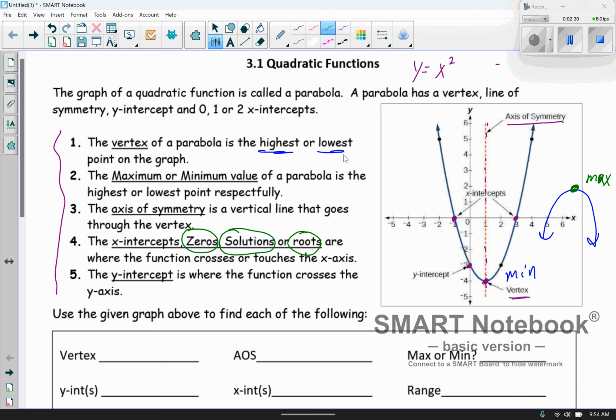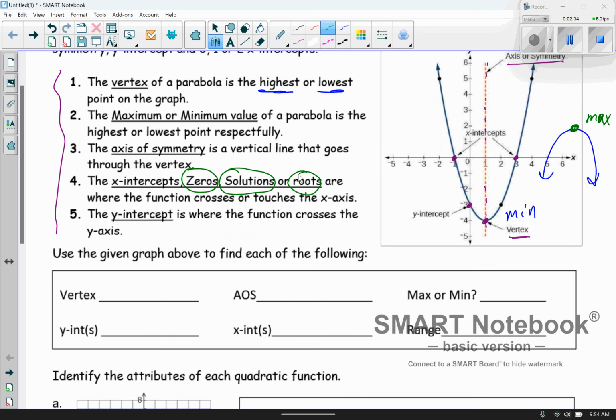Okay, so let's go ahead and find all those details here. The vertex, we're going to give an ordered pair for that. That one's going to be at (1, -4). Right there, that's the vertex, that's the point right there. Then the axis of symmetry is this vertical line. If you remember back from maybe a previous math course, vertical lines have the equation x equals.